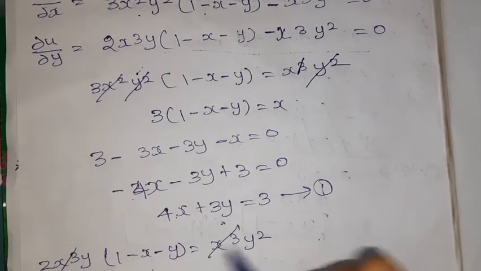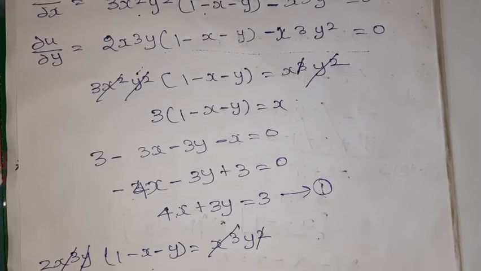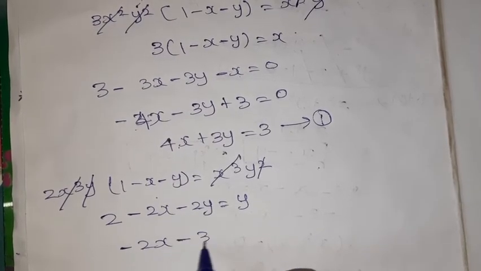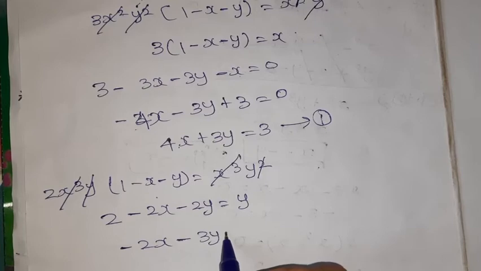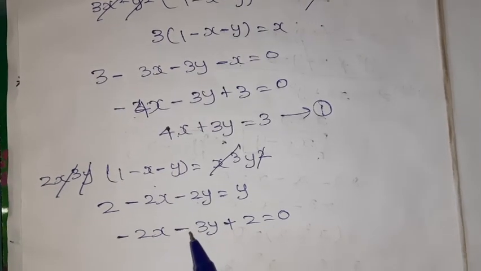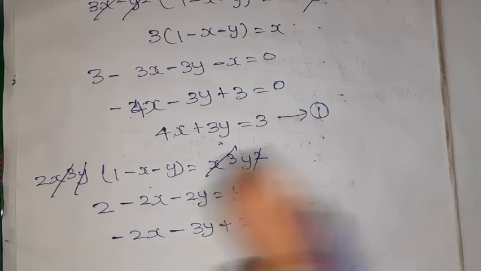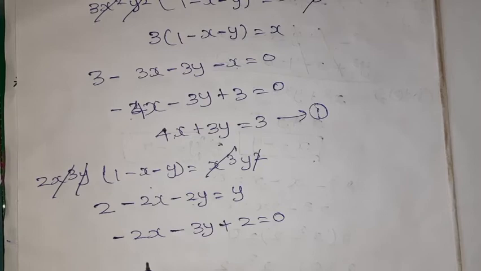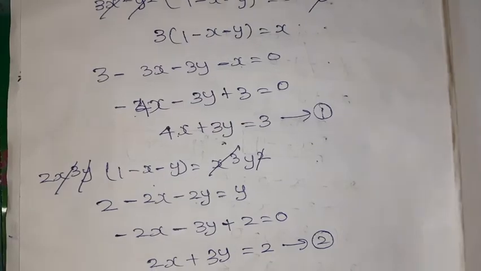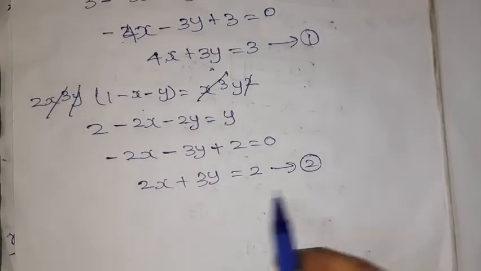By cancelling, x³ gets cancelled, y² and y get cancelled, and multiplying by 2 we get 2 − 2x − 2y = y. Then −2x − 3y + 2 = 0, since −2y − y is −3y. Multiplying by minus, 2x + 3y − 2 = 0, moving the constant to the other side, 2x + 3y = 2. This is equation 2.